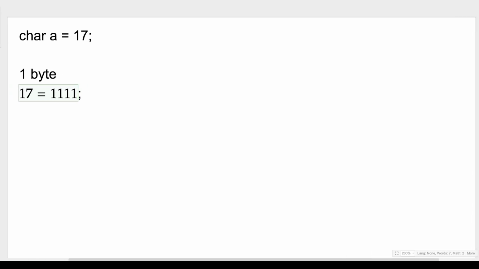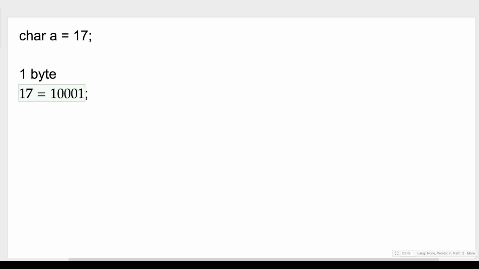So this one is 8, and this part represents 17. This one is 2 power 0, then 2 power 1, then 2 power 2, 2 power 3, and 2 power 4. So 16 plus 1, that is 17. How many bits have I used here? 1, 2, 3, 4, 5. 5 bits.